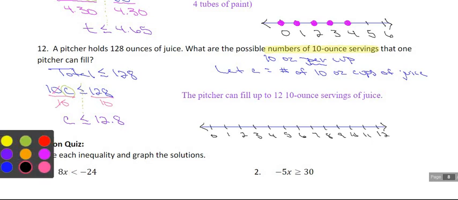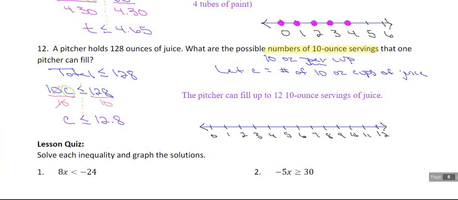Okay, so we can have 12 full servings, 11 full servings, 10 full servings, 9 full servings, 8, 7.